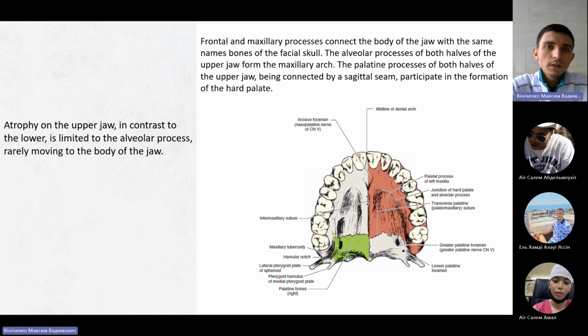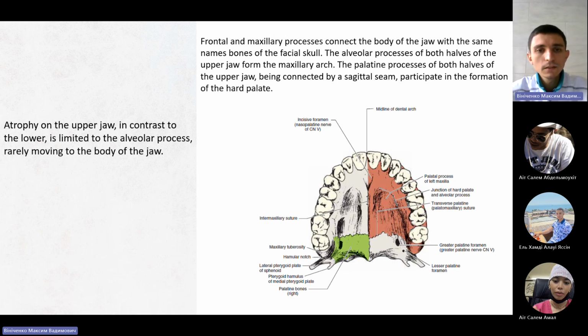The alveolar processes of both halves of the upper jaw form the maxillary arch. So we could see that there is a right half and a left half, and together they form the maxillary arch. The palatine processes of both halves of the upper jaw are connected by a sagittal seam.